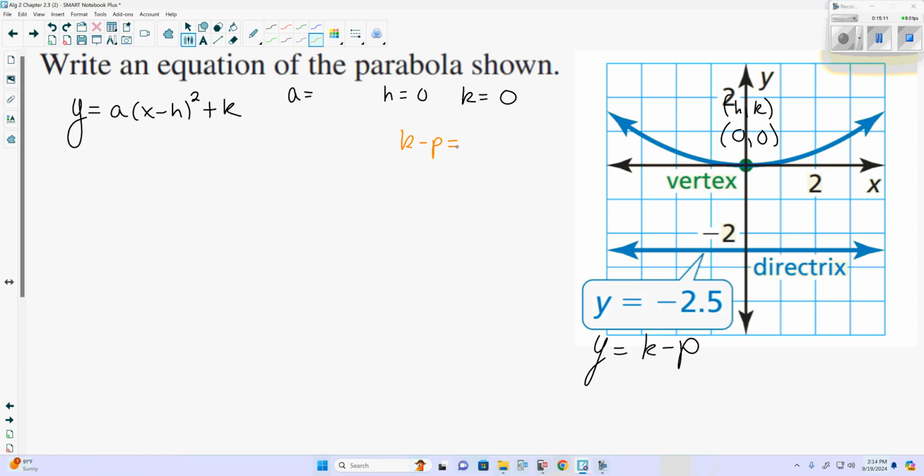Our k minus p is negative 2.5. Really doesn't matter if that's a decimal or fraction. We just need to find the value of p. k in our case is, well, still 0. So here we can really think of this as negative p is equal to negative 2.5. Divide both sides by negative 1, telling us p is 2.5.